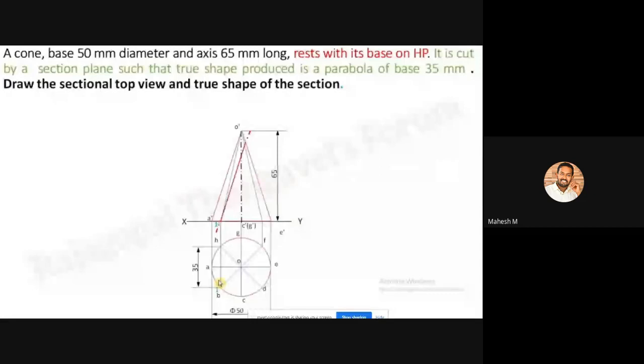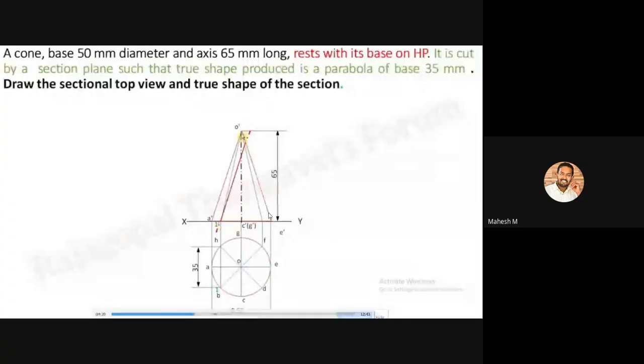Okay, so you can highlight the bottom surfaces. You can highlight this particular line, and this particular line, and also the section line should be highlighted. Only this is our structure. This top structure has been removed.